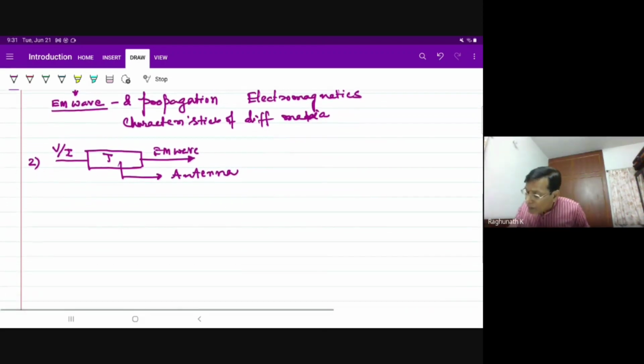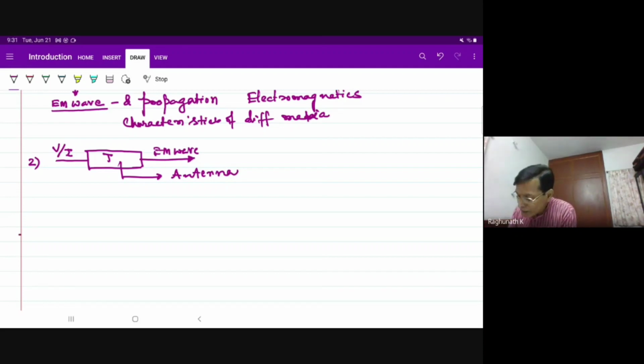Ultimately, one more type of channel that I use is transmission line that carries information in the form of electrical variations, voltage variations, or current. Voltage variations and corresponding current variations. Please now look at it.